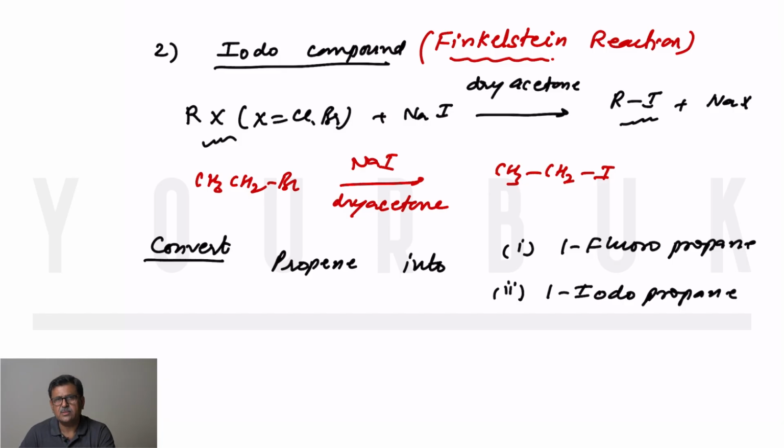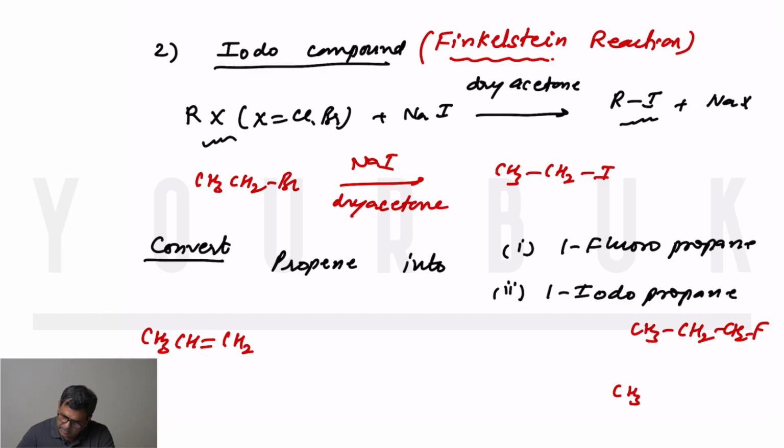Both these conversions have the same concept. Our starting compound is propene, and always prefer the functional group on your right hand side. Our aim is to prepare 1-fluoropropane and 1-iodopropane. Basically we have to break the double bond by adding HF or HI, but you can't add HF according to anti-Markovnikov. You can't add HI according to anti-Markovnikov. The only reagent which you can add according to anti-Markovnikov is HBr.